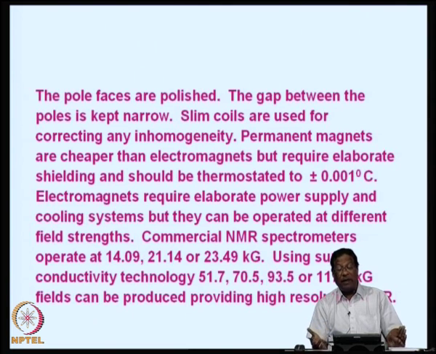Electromagnets usually require an elaborate power supply and cooling system also, but they can be operated at different field strengths just by changing the input. So, commercial NMR spectrometers operate at 14.9, 21.14 or 23.49 kilogauss.